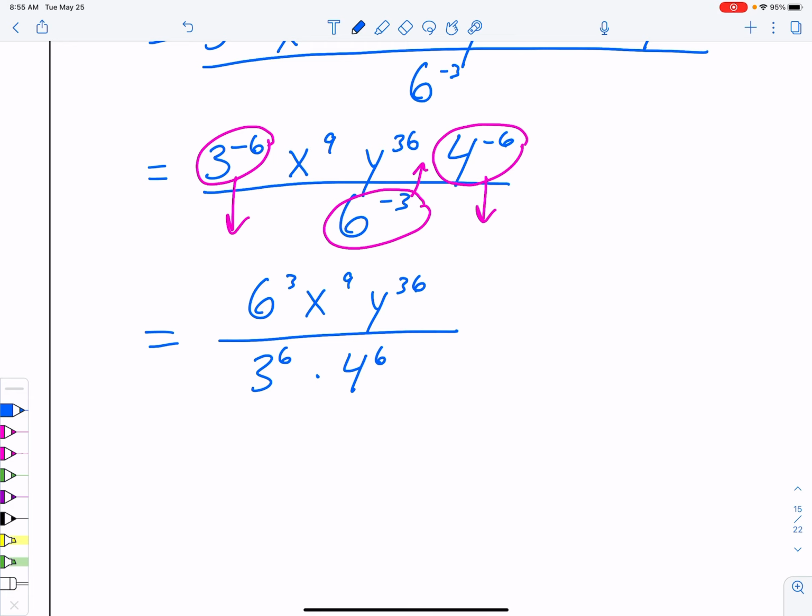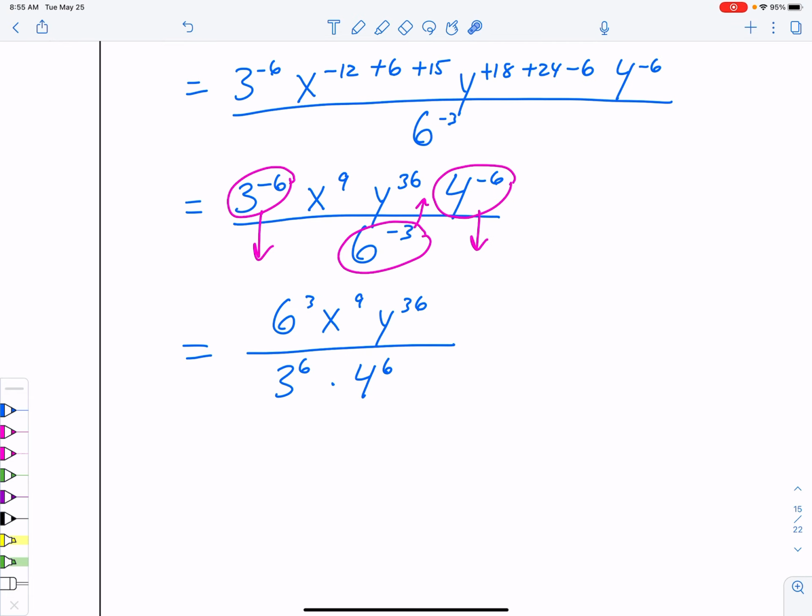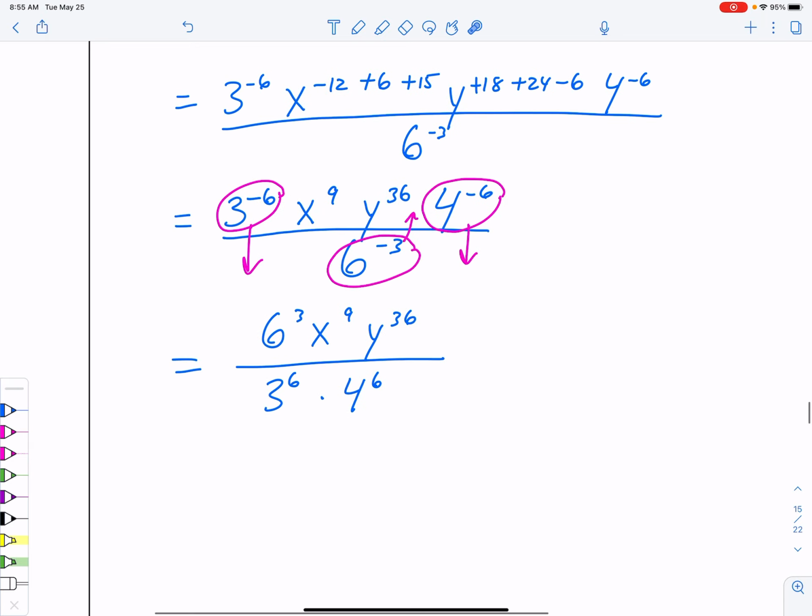Now this is the first time in these examples that we've had something that is going to be able to simplify. There are multiple ways you can simplify. You can multiply these out and then try to find common numbers. But I think the easiest way is to factor the numbers and then cancel.